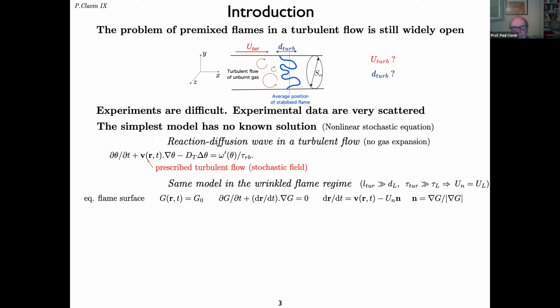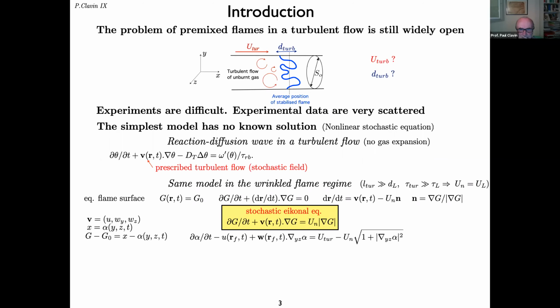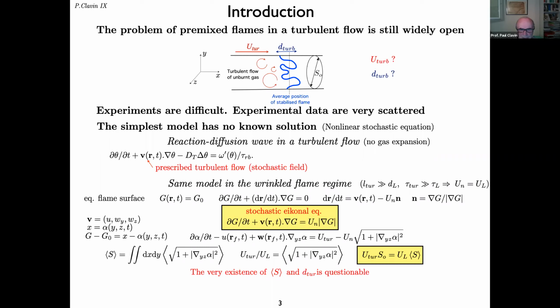I will come back to that, but the very existence of the increase of the flame surface is in question. Assume that your turbulence is in steady state.